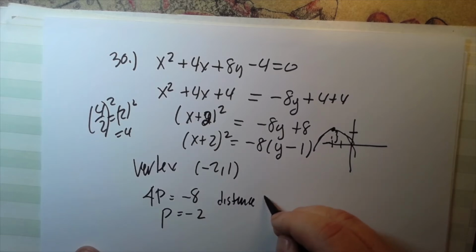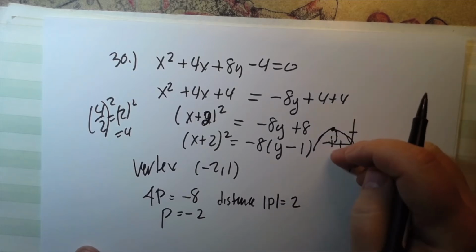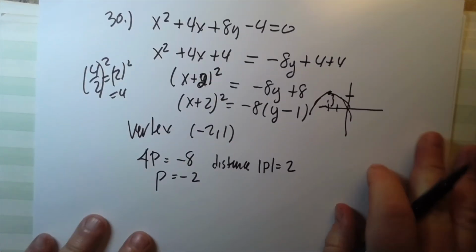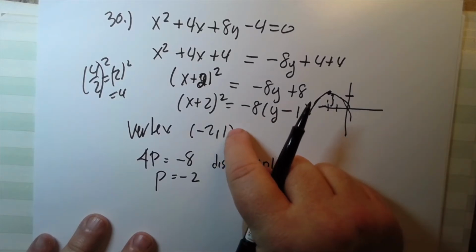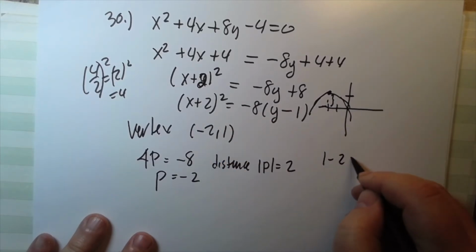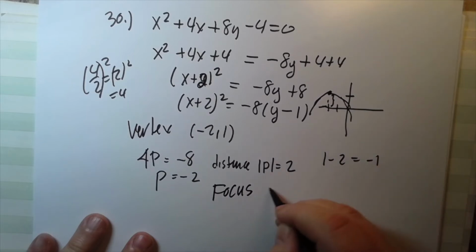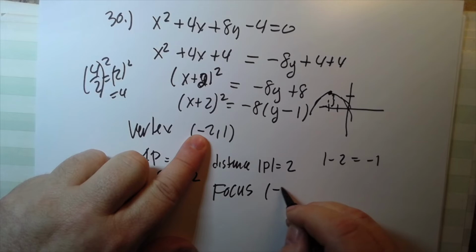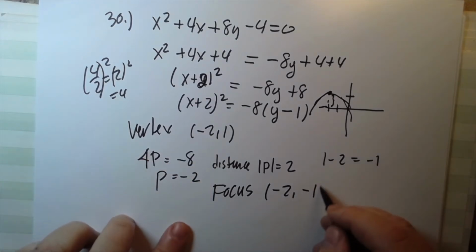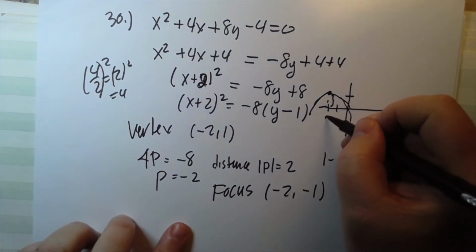So the distance is just the absolute value of p, which is 2. So if I want to know how far below this is, I'm just going to subtract 2 from my y value. So 1 minus 2 is -1. So my focus is going to be the same x value, and now my new y value, -1, so it'll be down here somewhere.